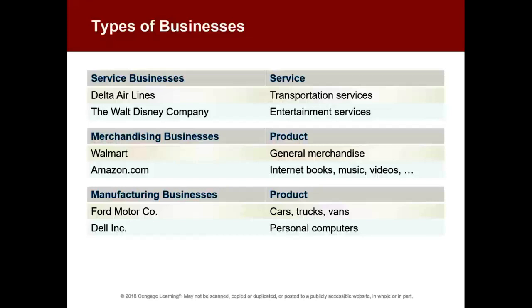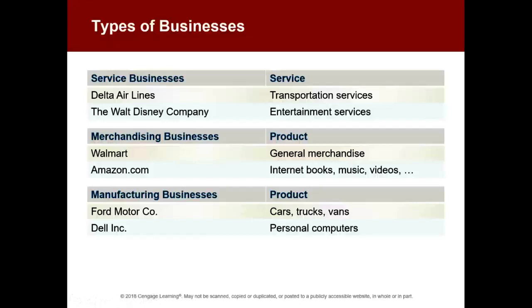And the difference, of course, is that retail businesses sell a good, not just a service, to customers, and they don't make those goods. They buy them from somebody else. Manufacturing businesses sell goods to customers, and they also make the goods that they're selling.